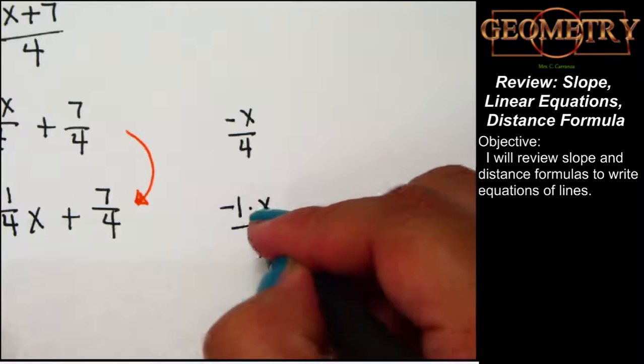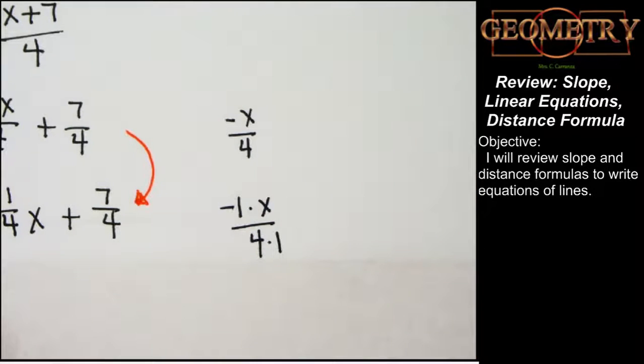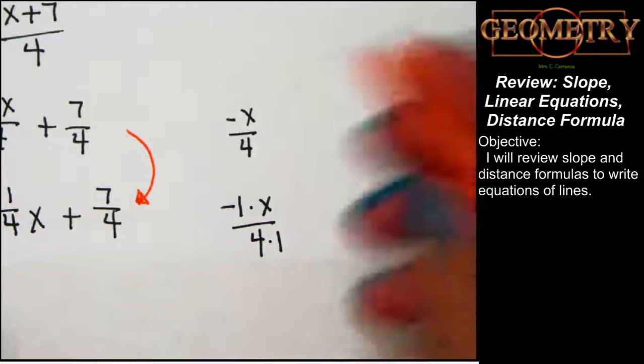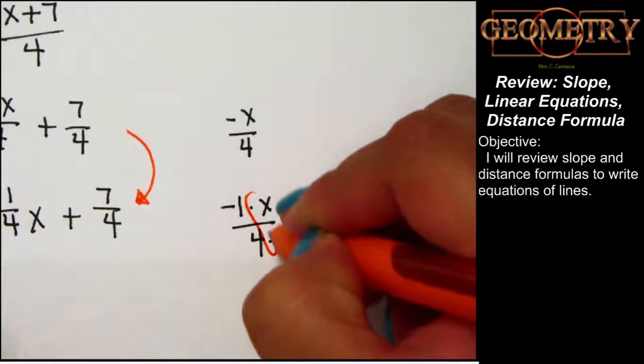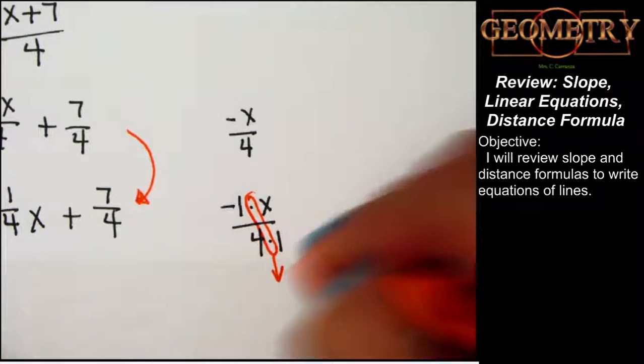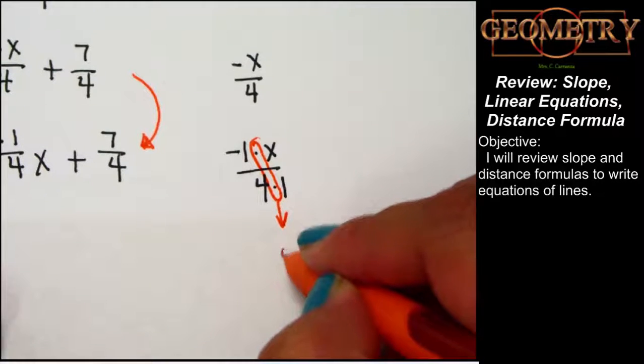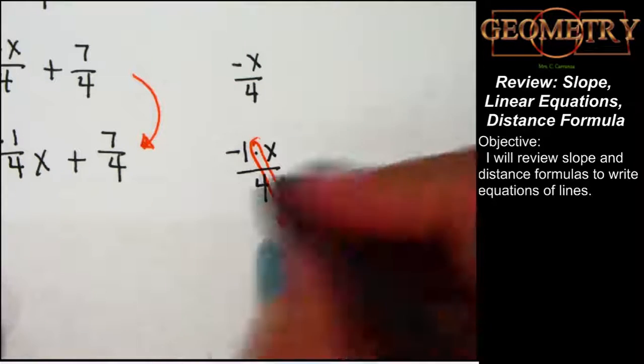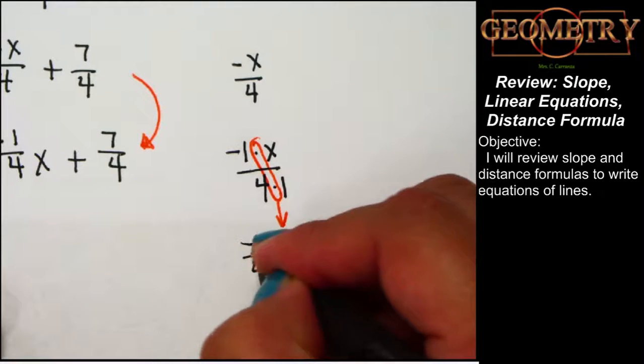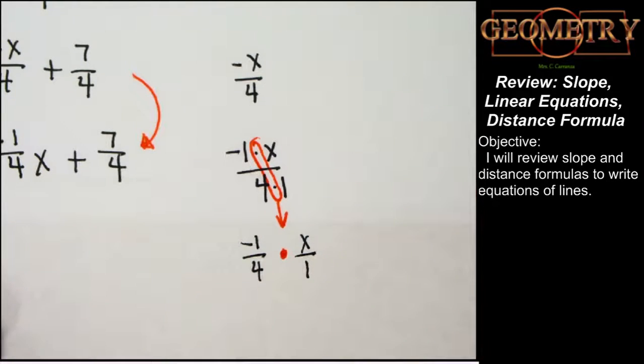And I can think of 4 as 4 times 1. With me so far? Now, when you have fractions and you've got multiplication happening, you can totally break the multiplication or the fraction at the multiplications. You're totally allowed to do that.